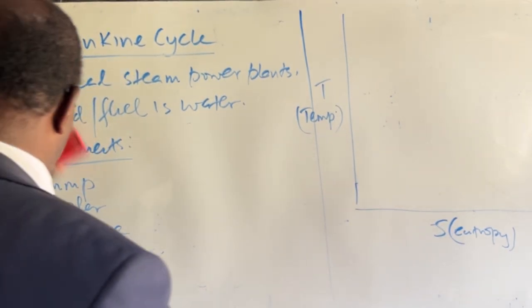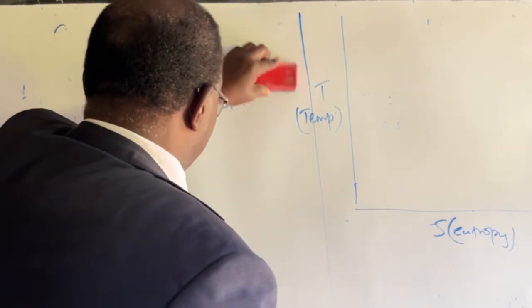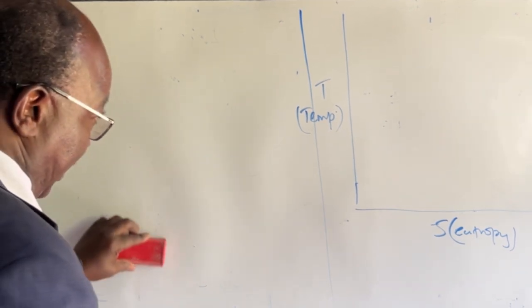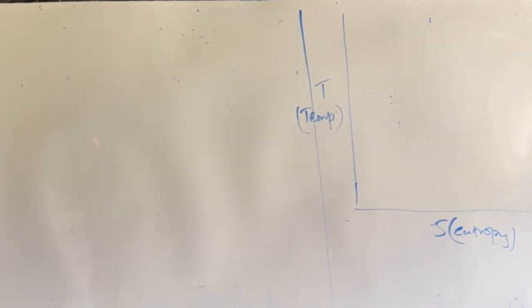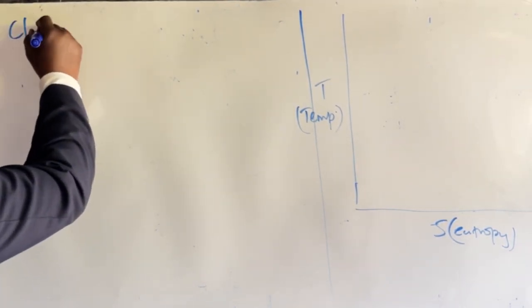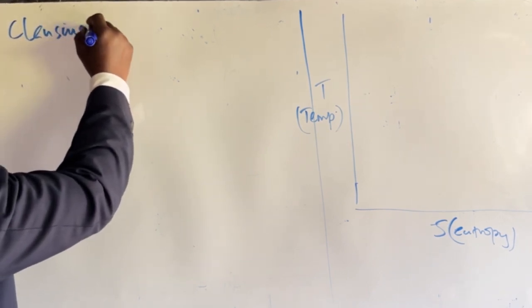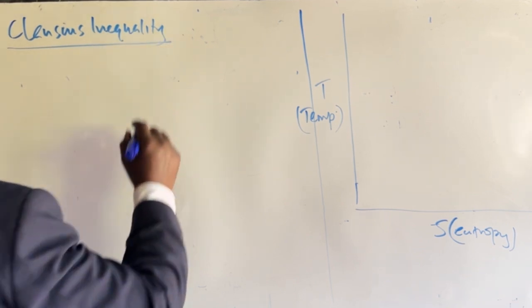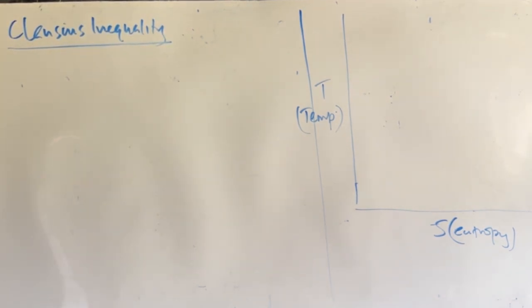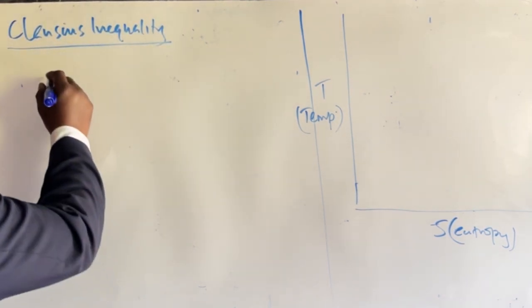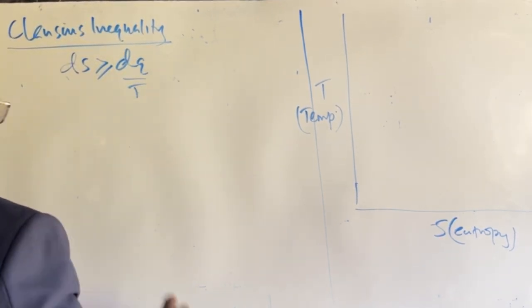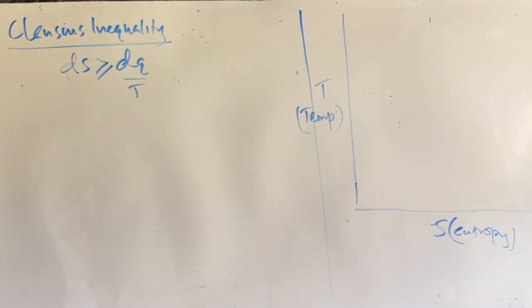But let me just talk first of all about some fundamental thermodynamic principles which are very important for you to understand before we deal with this system. One very important one is the Clausius inequality, because it relates heat and entropy: ds, the change in entropy, is given by the heat supplied divided by temperature.